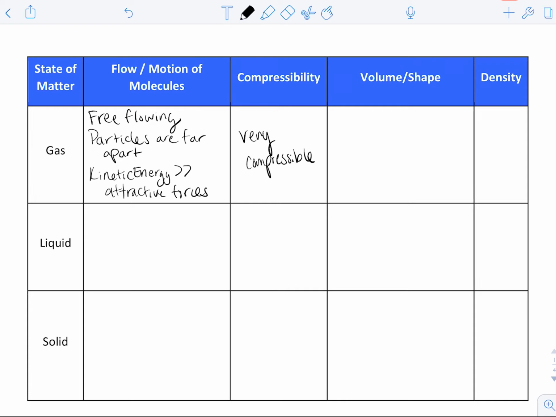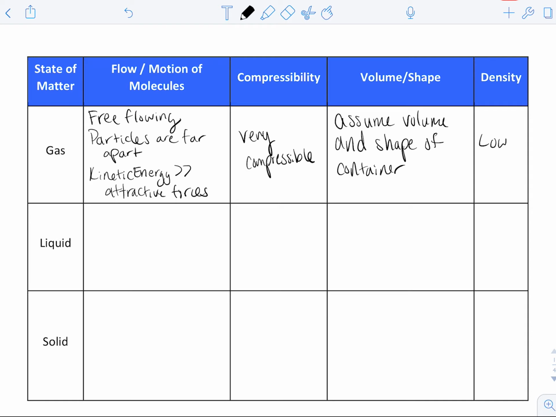With a gas, we're going to assume the gas particles will assume the volume and shape of their container. So we would say that a gas has neither a definite shape nor a definite volume. And then because these particles are very, very far apart, we would say that they would have a very low density. So the lowest of any state of matter.